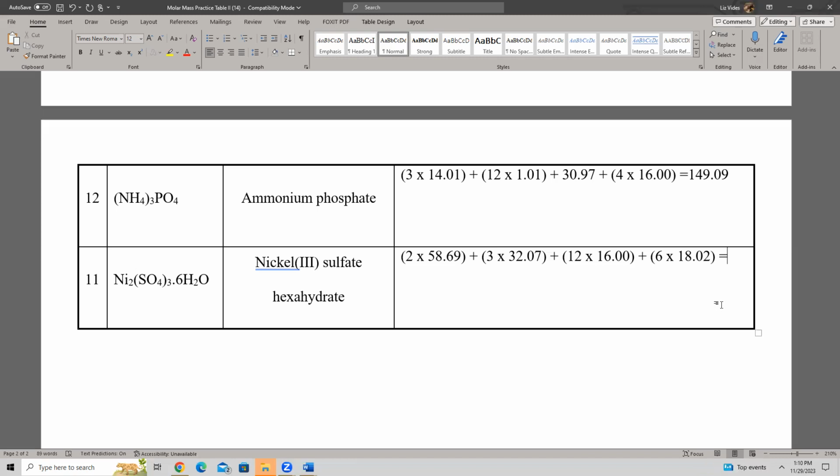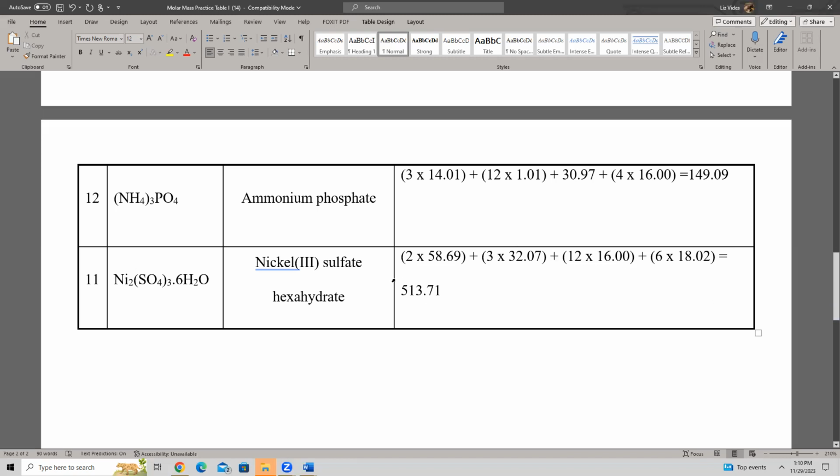That was a lot. So that's why I was saying that I know that's not right. Probably going to be in the 500s. Plus 6 times 18.02. Yep, 513.71. Oh, my goodness. All right, so that's our molar mass.